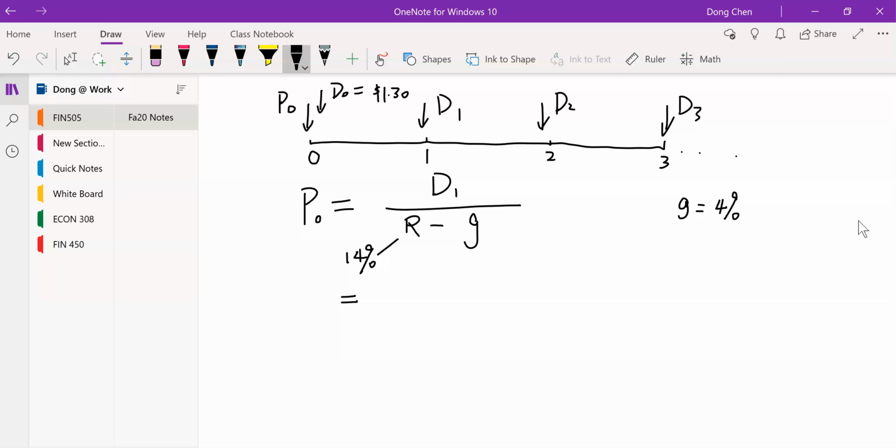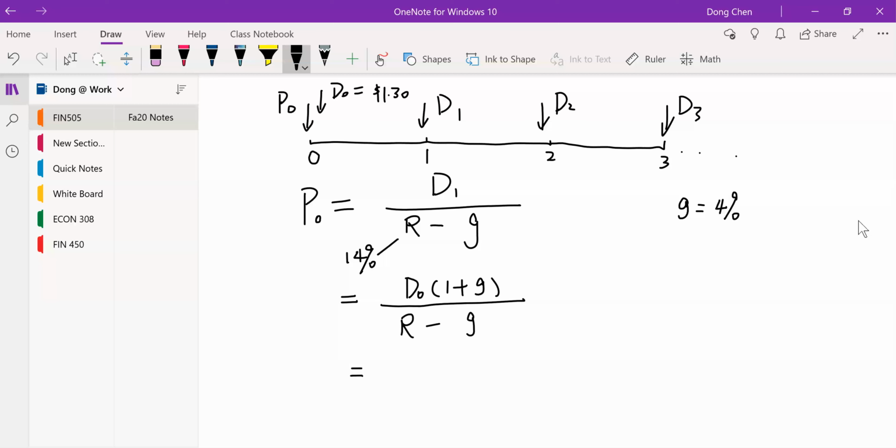And D1, since D grows at this G, the relationship between D1 and D0 is simply that D1 equals D0 times 1 plus G, because D grows at this rate. So that's our D1. Then we can divide this by R minus G. The rest of the job is simply to plug in the numbers.